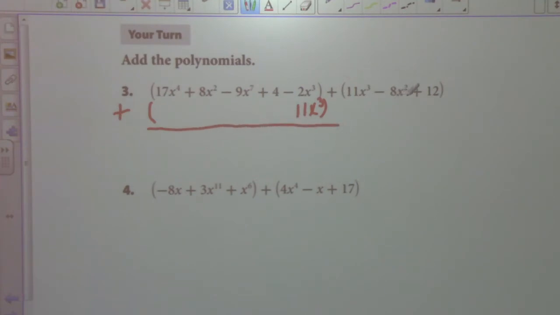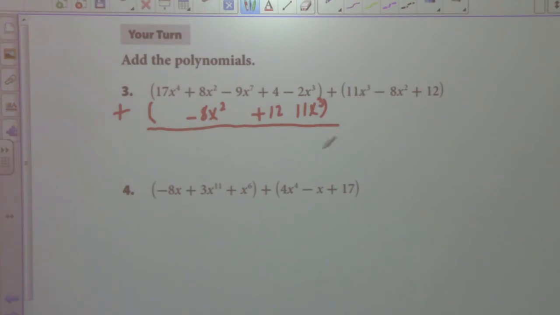Next thing we have is this negative 8x squared, so I go ahead and put this right under the x squareds like this. And then lastly, we have this 12 right here. I can put plus 12 right underneath this 4. And so have all the like terms been accounted for here?